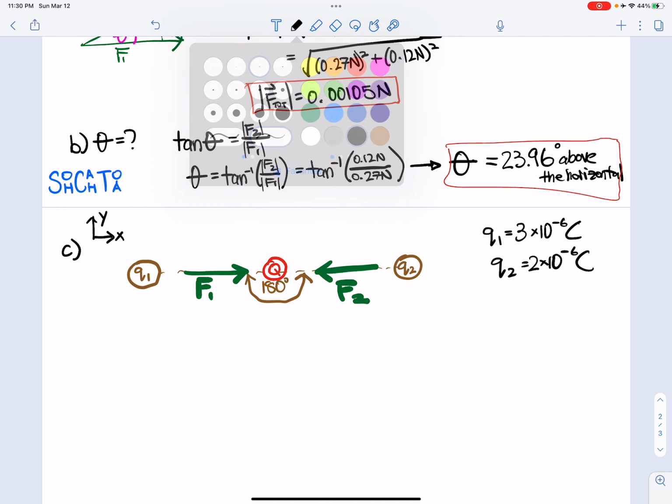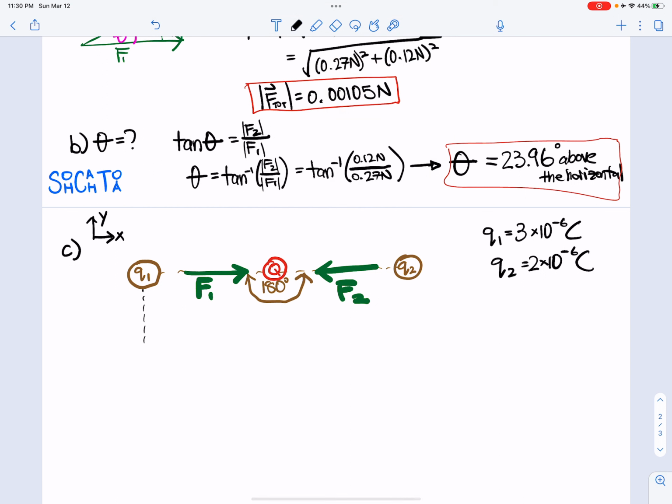So I will call the distance between Q1 and Q2 length L. Okay, distance L. And whatever this distance is, remember, I did not put Q in the middle, right? I just put it at some random distance, let's call it X, okay?